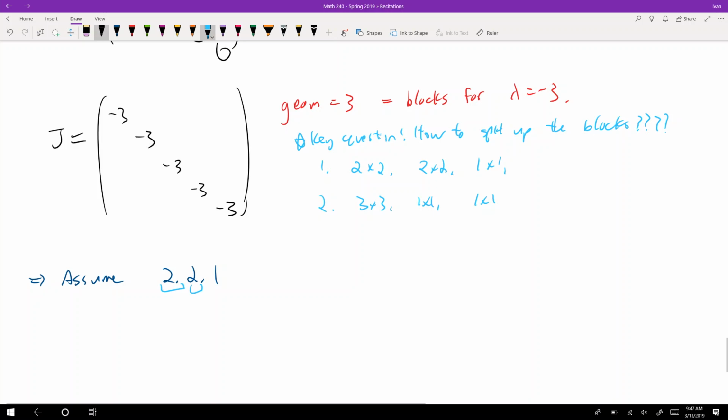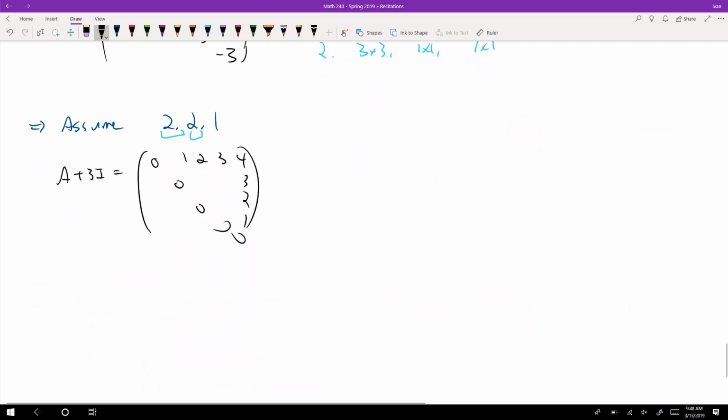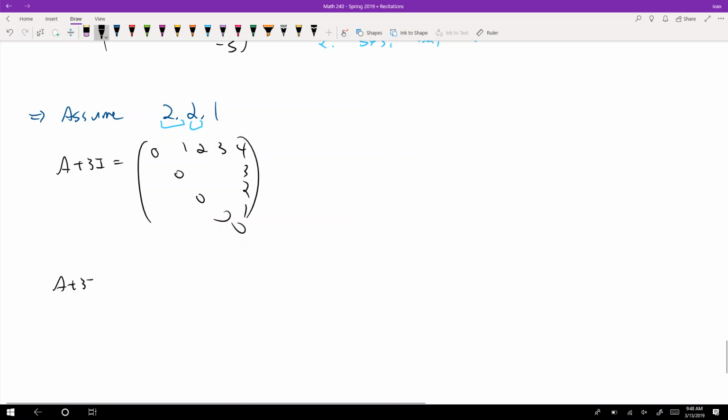Right? So here's A plus 3I, which was 0, 0, 0, 0, 0, 1, 2, 3, 4, 3, 2, 1. All right. And then A plus 3I squared, which is the power of my highest block, or the block of interest, is going to be 0.